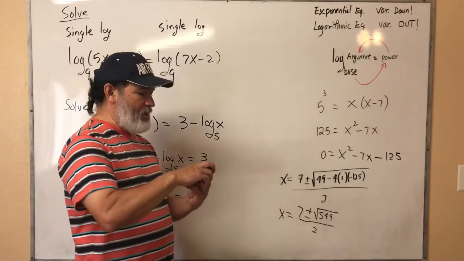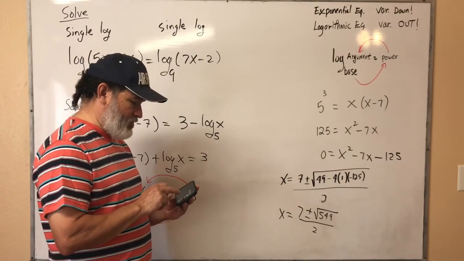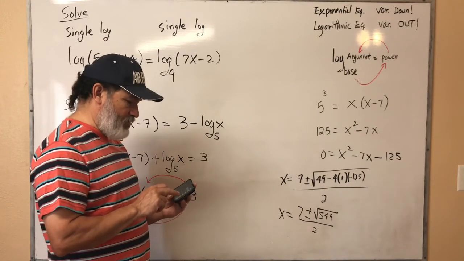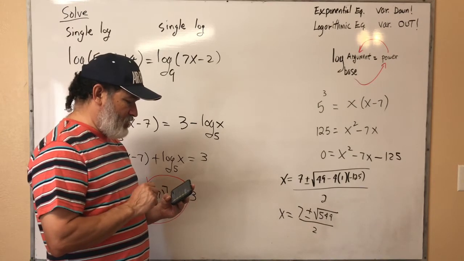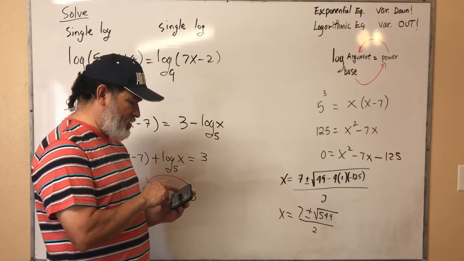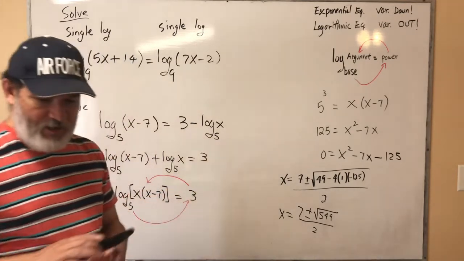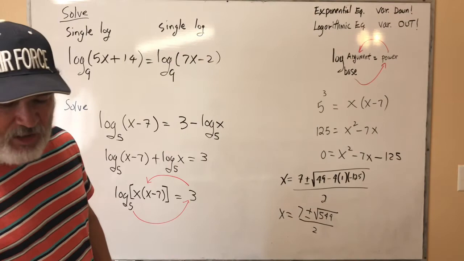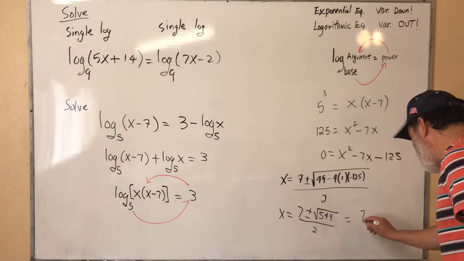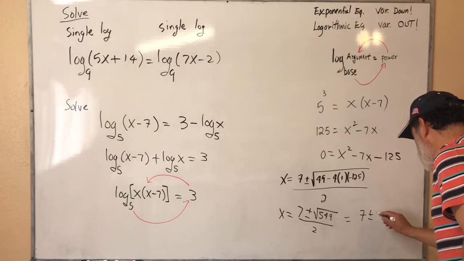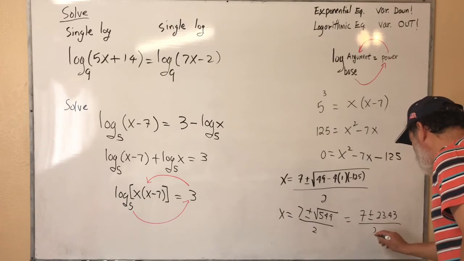So 4 times 125, 500 plus 49, equals, take the square root. And I get 23.43. So this equals 7 plus minus 23.43 divided by 2.